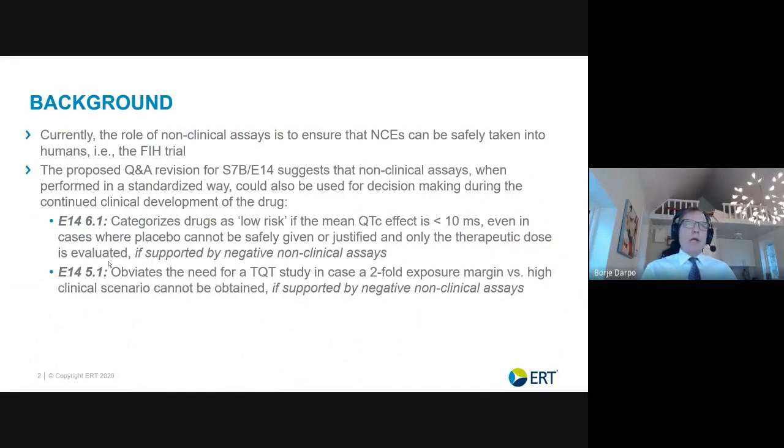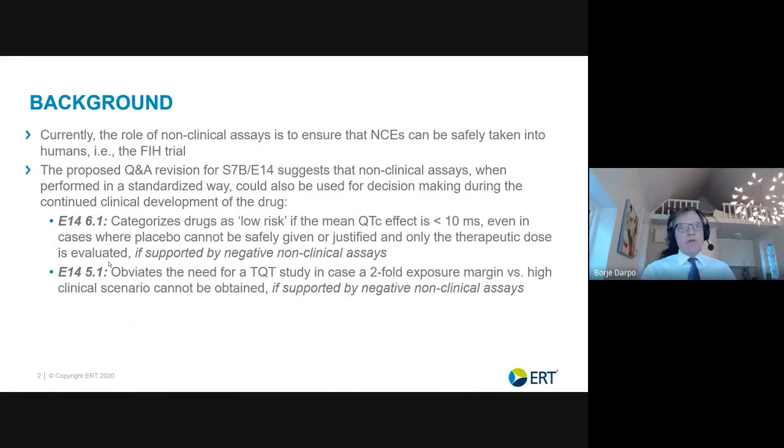The proposed Q&A revision of S7B and E14 suggests an expanded role. So if non-clinical assays are performed according to best practices as defined in the S7B Q&A document, they can also be used for decision-making later during the clinical development of a drug.